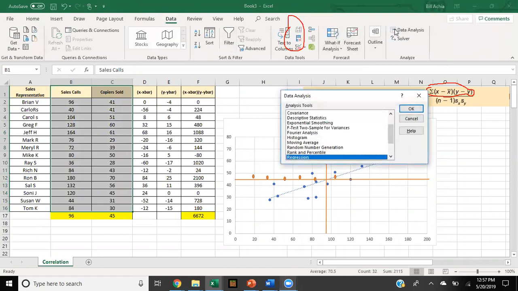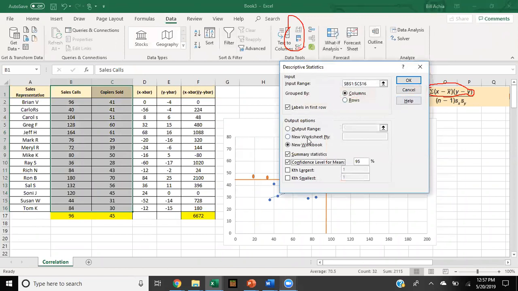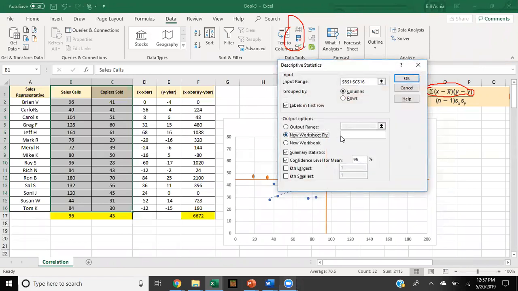analysis, and I'm going to go to descriptive statistics. Okay, and once I click on descriptive statistics, I've already input my data, and I'm going to output this in, let's put it in a new worksheet.